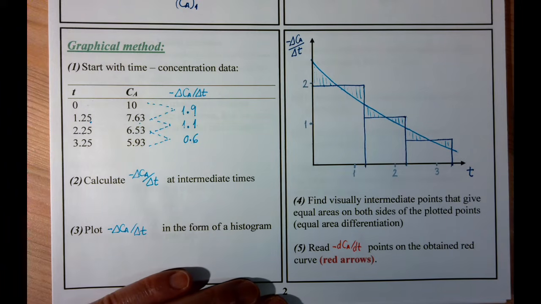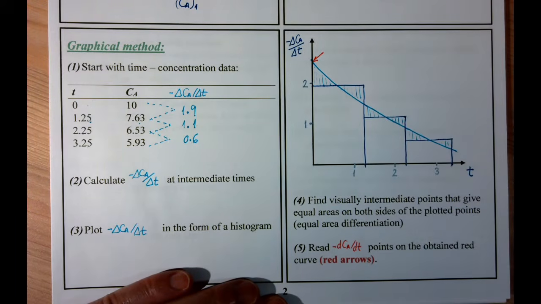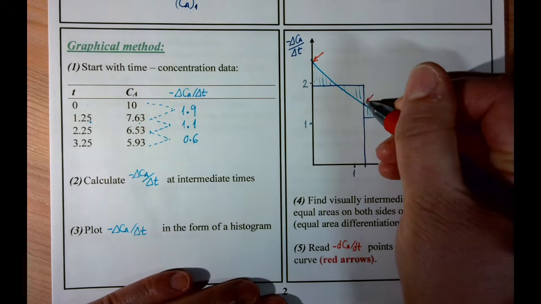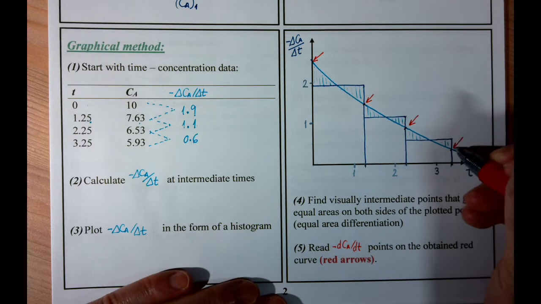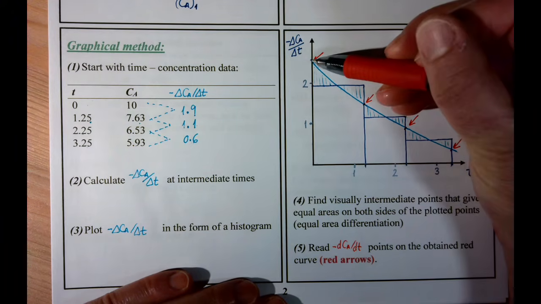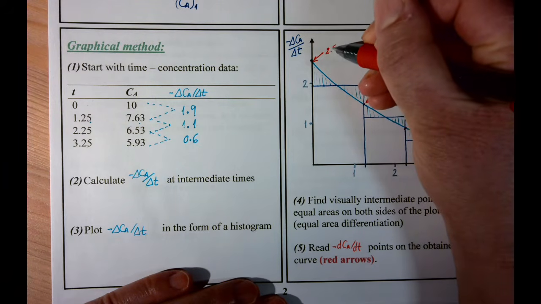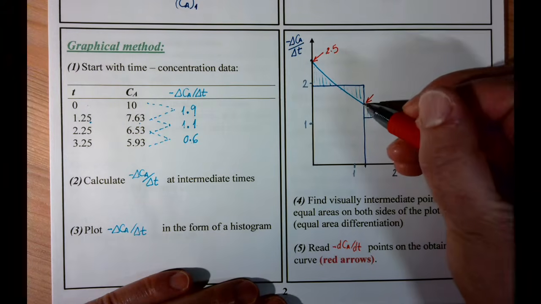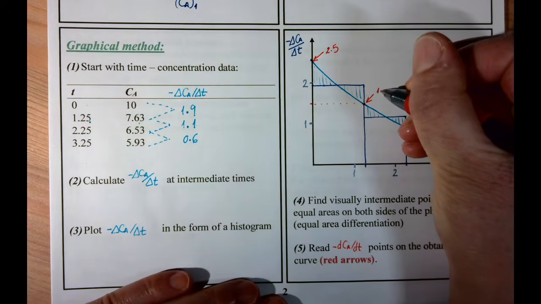Now, I didn't draw a red curve, I drew a blue curve, but I'm going to represent those dCA dt points in red. So the first one would be over here, the second one over here, the third one here, and my final one over here. If we read the values of the red arrows, this is around 2.5. This one over here, if you come across and read it, is almost around 1.5.